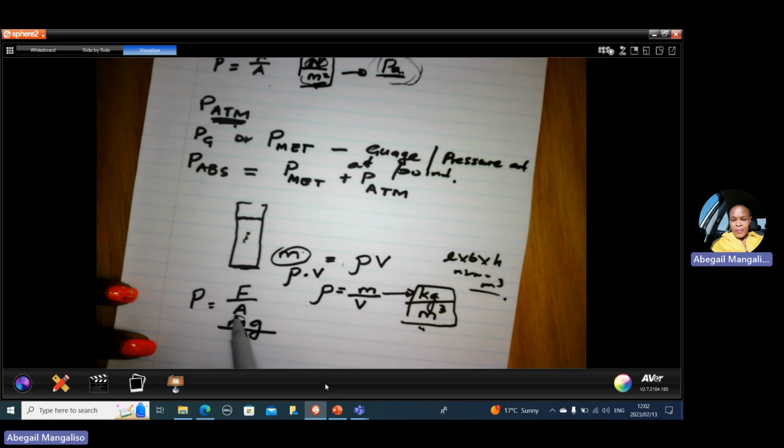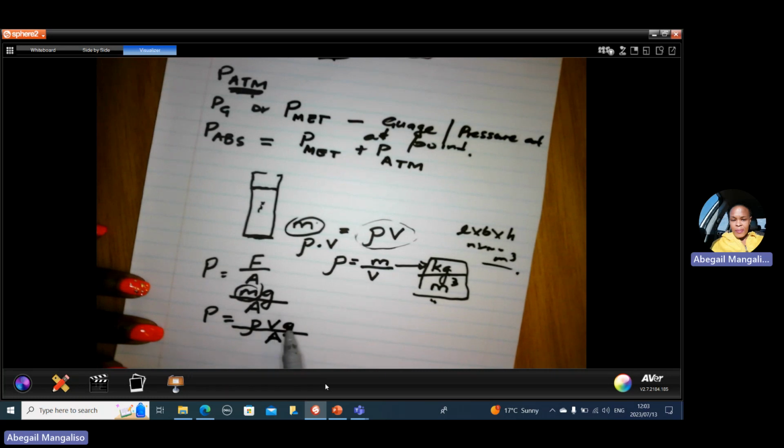And where there is mass, we can put density multiplied by volume. This formula becomes density multiplied by volume multiplied by gravitational acceleration, divided by an area.